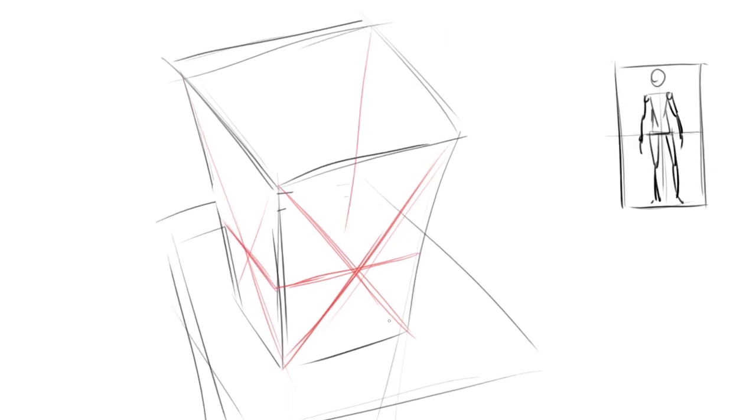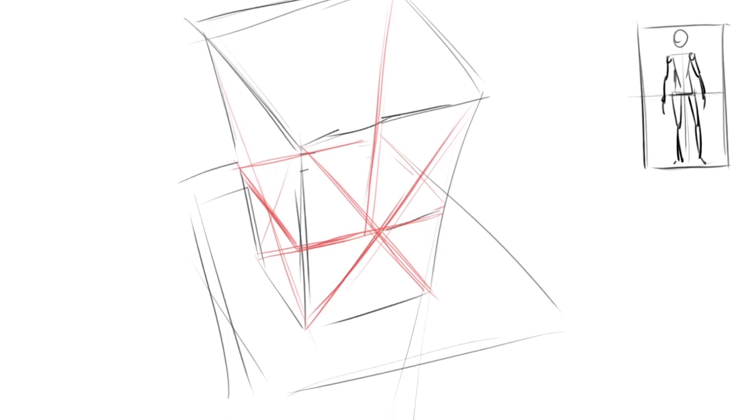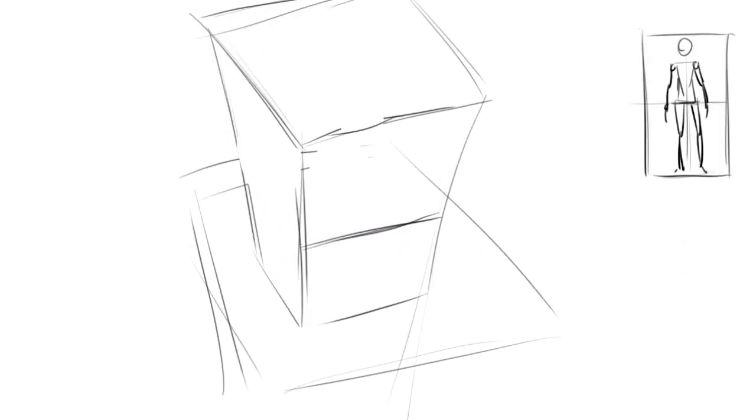Go ahead and fill in the rest of these lines. It's a little sloppy, but I think you should probably get the idea. So we see that the center of the box is, I'll get rid of that now, because it's a little too visually distracting. But we can see that the center of the box is here, right?